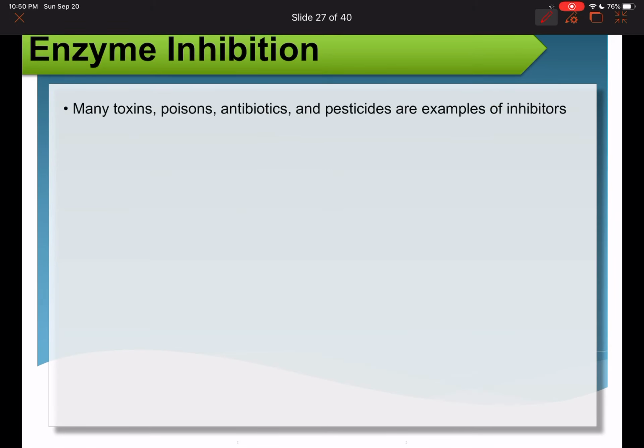So how does this apply to biology macroscopically? And this is some interesting stuff. Okay, so many toxins, poisons, antibiotics, and pesticides are actually examples of enzyme inhibitors. That's how they work.